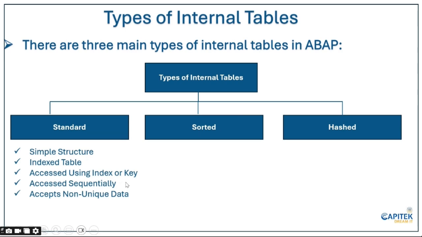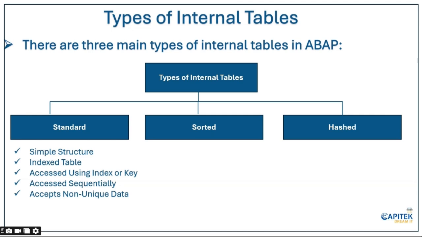Let us suppose there is a material number field in the table, for example, 1001. I have one entry of 1001. Also, I can make another entry with the same number 1001 in the internal table.